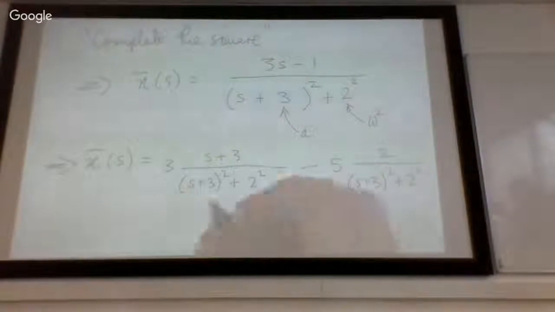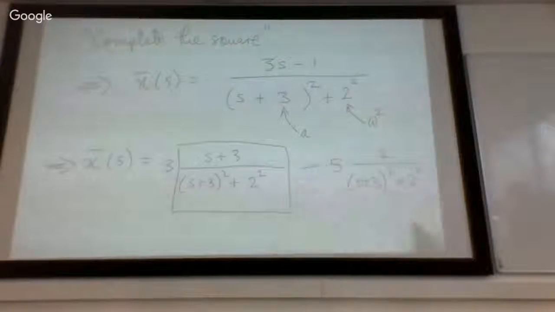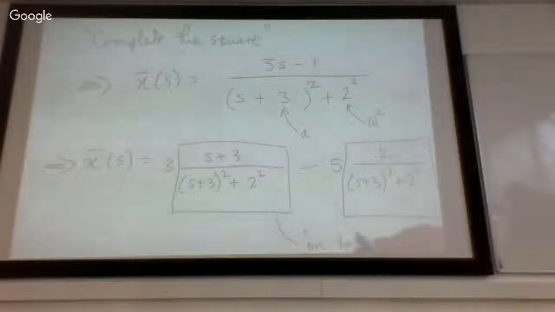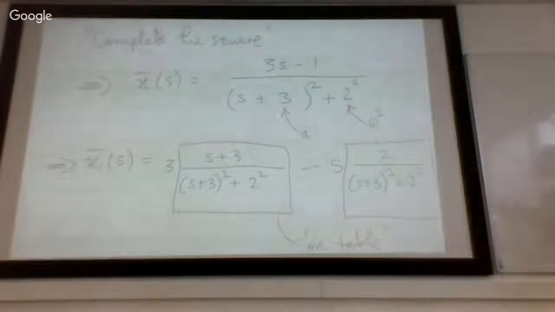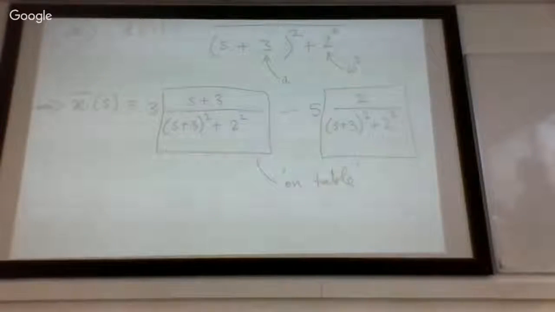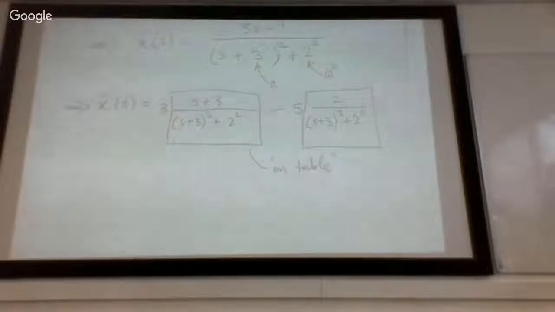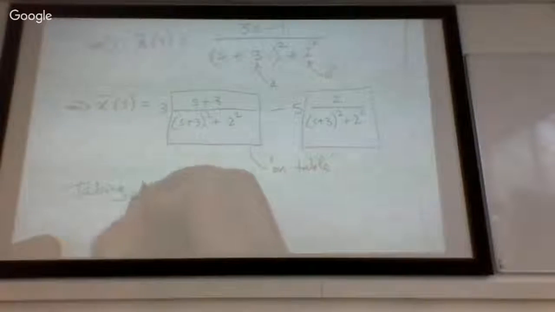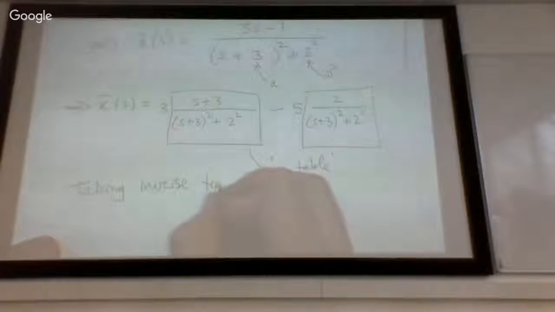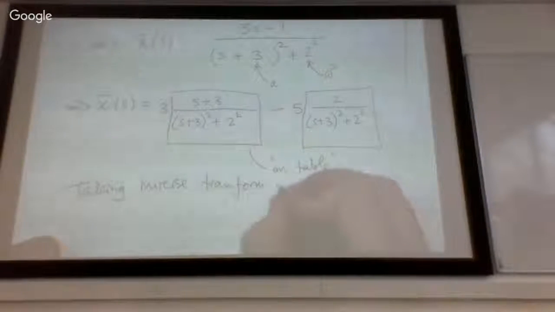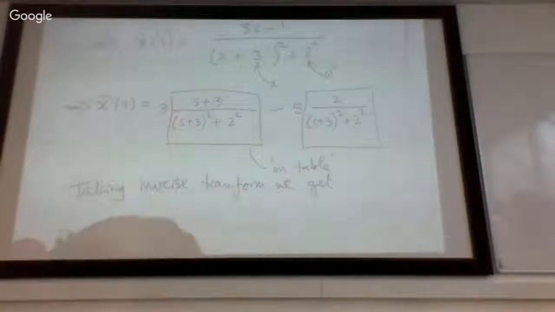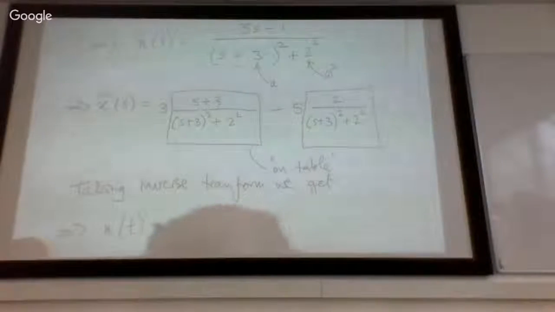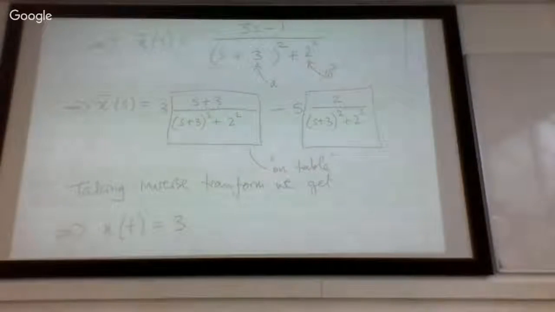Okay? So this here and this here, these are on the table. So I can simply read off their inverse Laplace transforms to get the function x of t. Okay? So taking the inverse transform now, the function x of t will be 3 times whatever the inverse transform of that is.